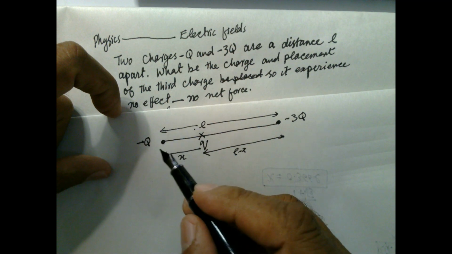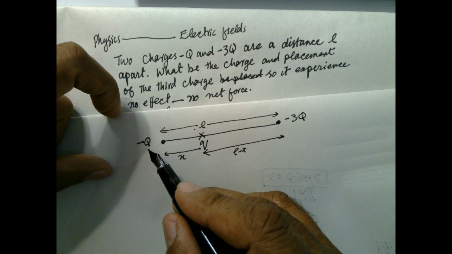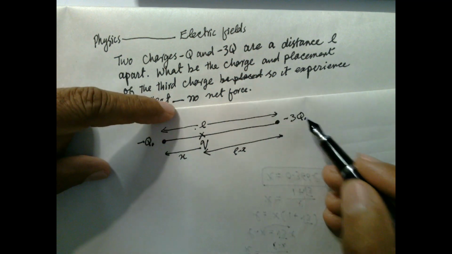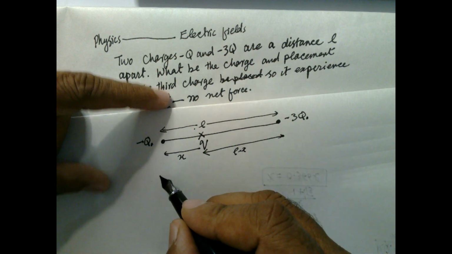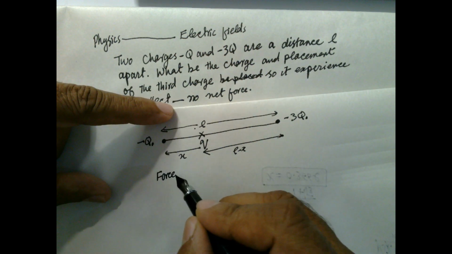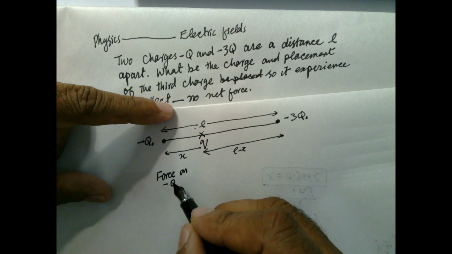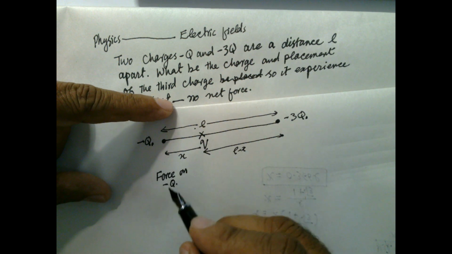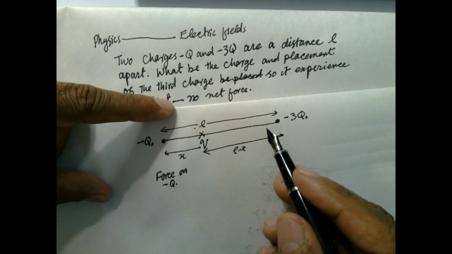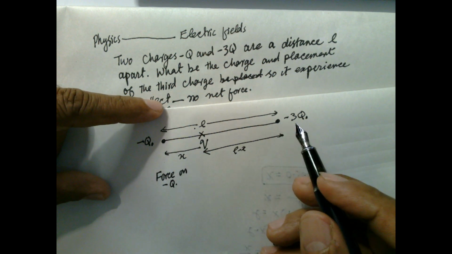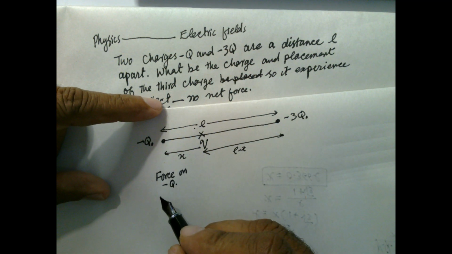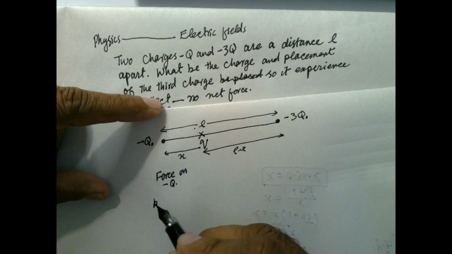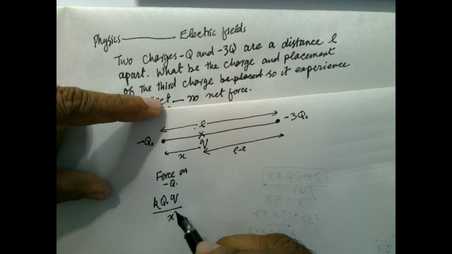So then we can have the force on minus q and this one, and then we have the force on this one. So the force on minus q will be k q naught q over x square.